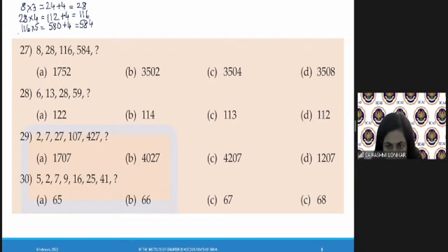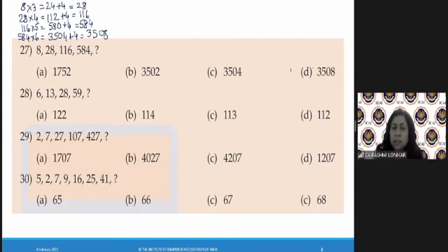Then I will have 584 into 6. 584 into 6 is 3504 plus 4, which is 3508. So D will be the correct option.